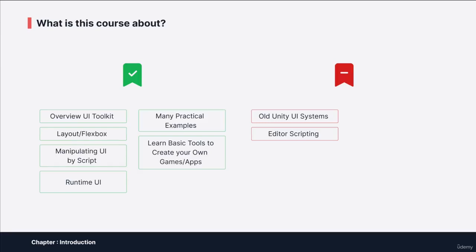So if you take the course and then another 1 or 2 hour course on the basics of editor scripting with UI Toolkit, you will be able to do a lot of stuff for editor scripting as well. But if you are specifically looking for specific things on editor scripting, you will not find this in this course.